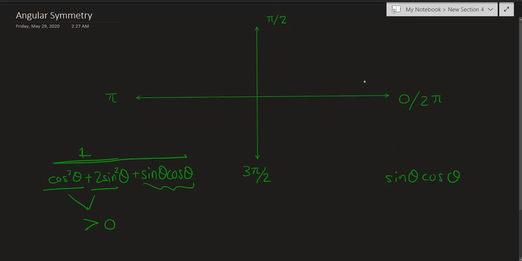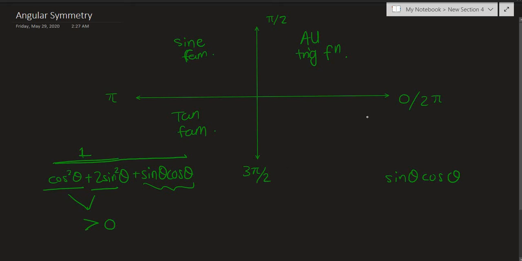Notice that from 0 to pi over 2, all trigonometric functions are positive. From pi over 2 to pi, only the sine family is positive. The sine family includes sine and its reciprocal, cosecant. From pi to 3 pi over 2, the tangent family is positive, which includes the tangent and the cotangent of a given angle.